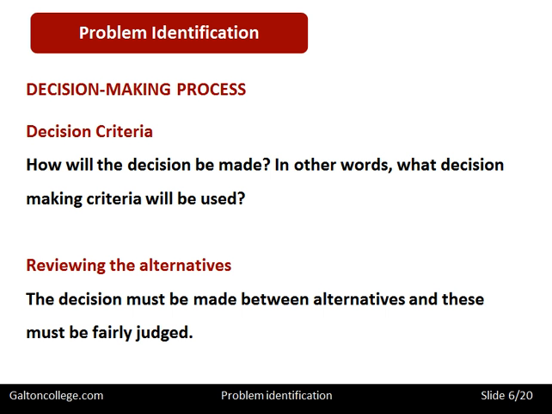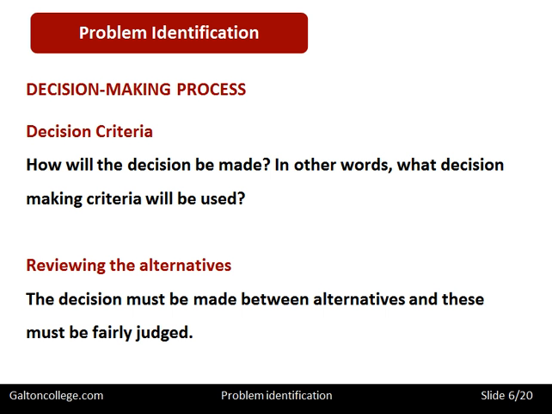They should not approach it with their minds made up. They should look at the alternatives fairly and honestly to see if the right alternative, the most appropriate alternative, can be selected. Not a decision perhaps made in advance without recourse to the facts and figures and to the details of the problem.